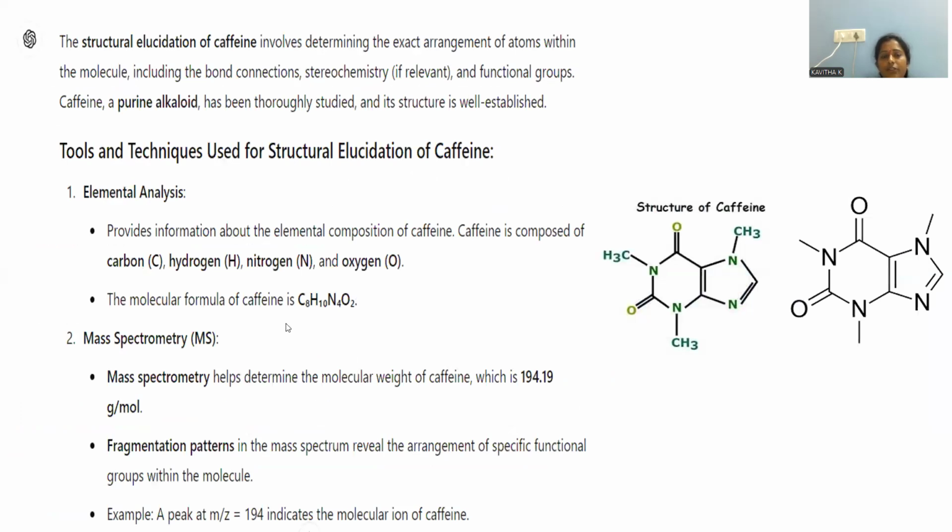Now we entered into another segment called the structural elucidation of caffeine. The structural elucidation of caffeine is determining the exact arrangement of atoms within the molecule, including bond connections, stereochemistry, and functional groups. So, what is meant by structural elucidation?